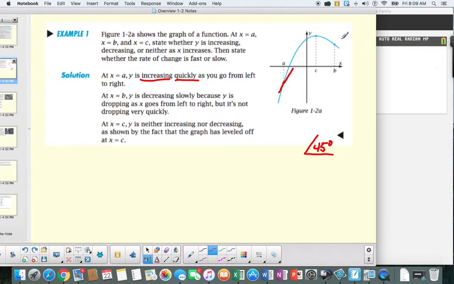All right, x equal to b, find 2 points very close to each other, draw a line. You can see that's a negative slope, so it's decreasing, and it's less than 45 degrees, so it's slowly. If it's hard to tell, I'll go with either answer. At x equal to c, pick 2 points that are close. You can see it's neither positive nor negative, so we say neither.